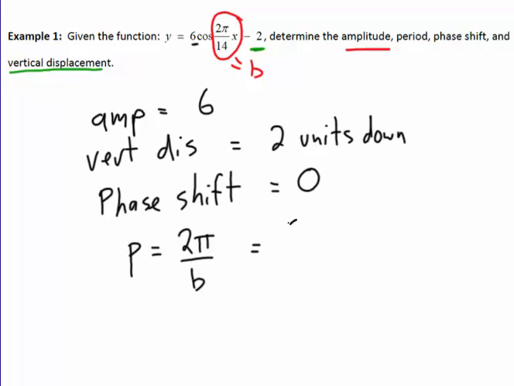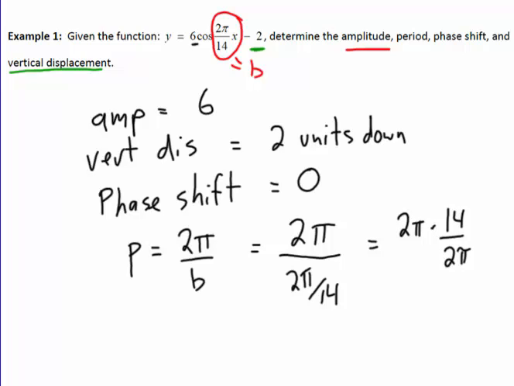So if we want to determine the period, it's 2 pi over 2 pi over 14, which, if we just do some calculations here, becomes 2 pi times 14 over 2 pi. And in the end, we just get a period of 14. So we can find all of the properties of this cosine function from the equation.